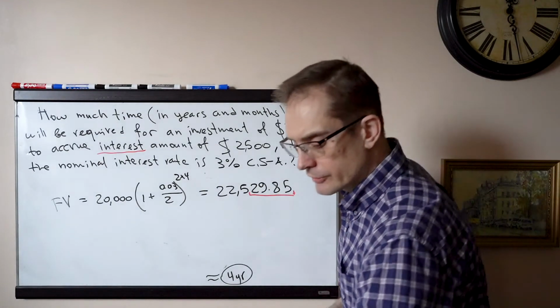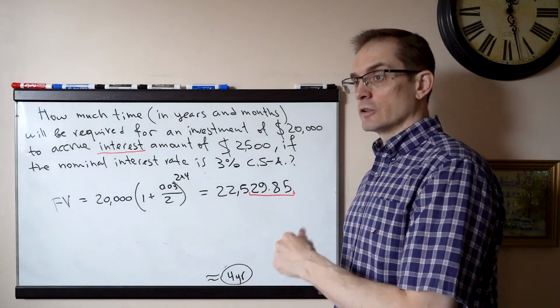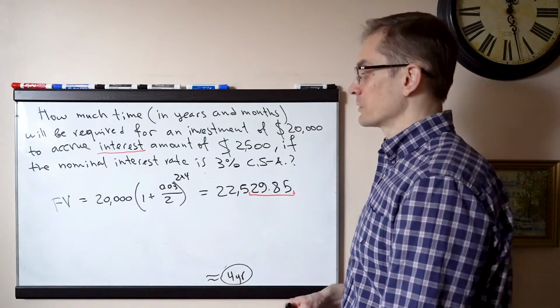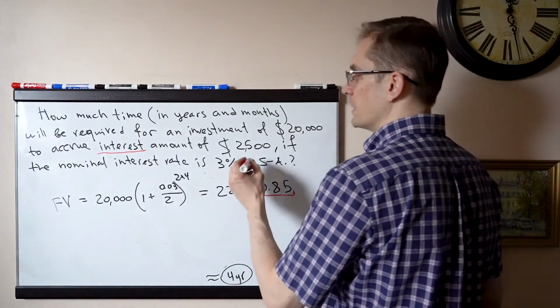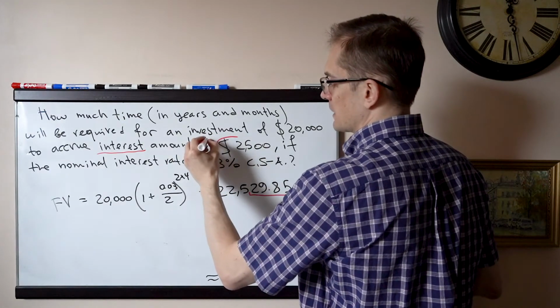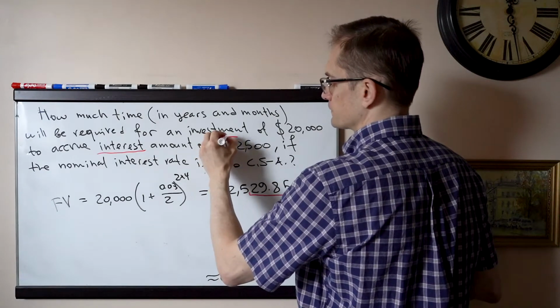In many problems also you will see, because of this kind of effect, that you typically would round up your answer, and because of that a lot of problems will mention that it is at least some amount of interest that you need to look for.